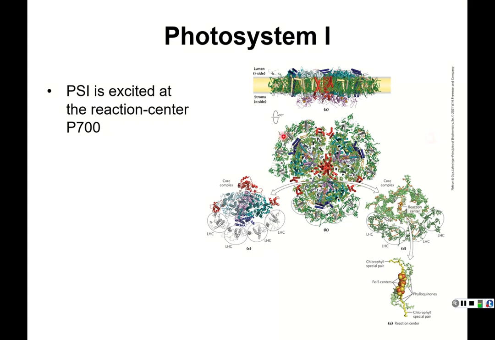Photosystem 1, here's a picture of it shown in much greater detail for some reason. The book, I guess, wants to give us as much detail as possible here, and not for photosystem 2. The reaction center here, again, is P700. It was P680 in photosystem 2. In photosystem 1, it's P700.